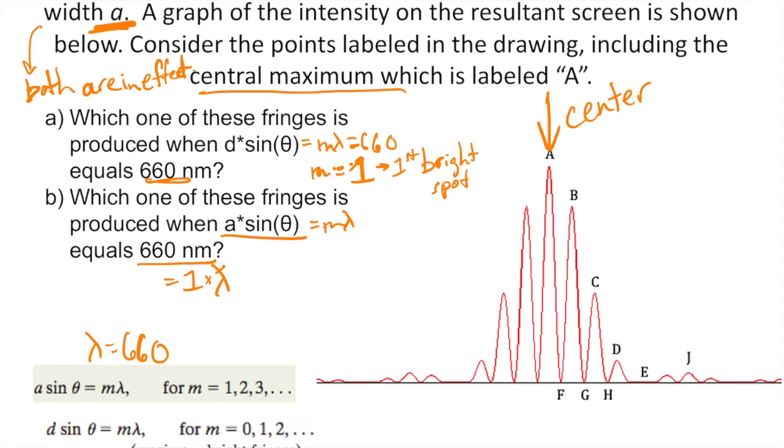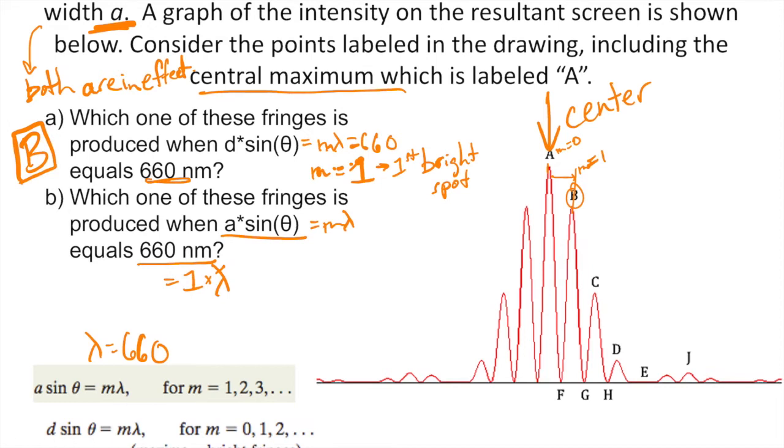And so for double slit, here at A, that's actually m equals 0. And then the next one over, B, is m equals 1. And so the answer here is B. Fringe B is where d sine theta equals m lambda, 660.